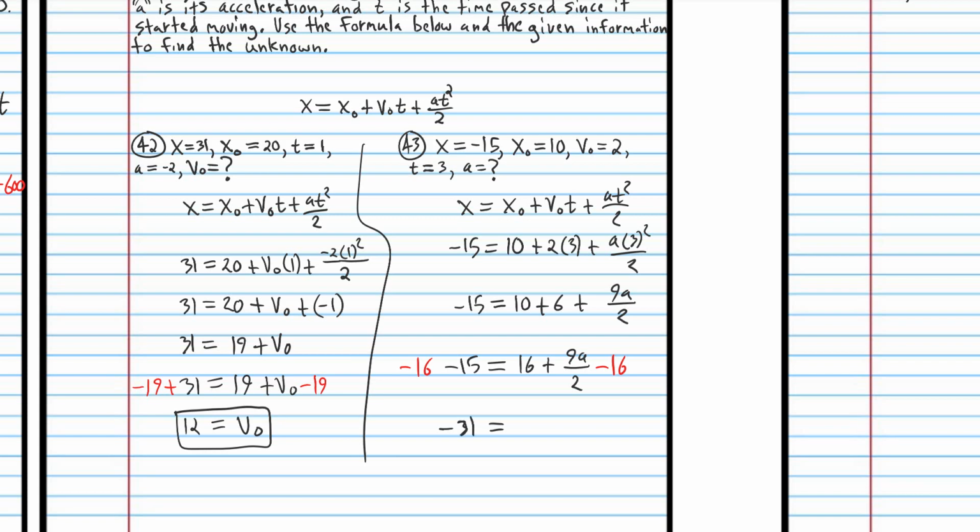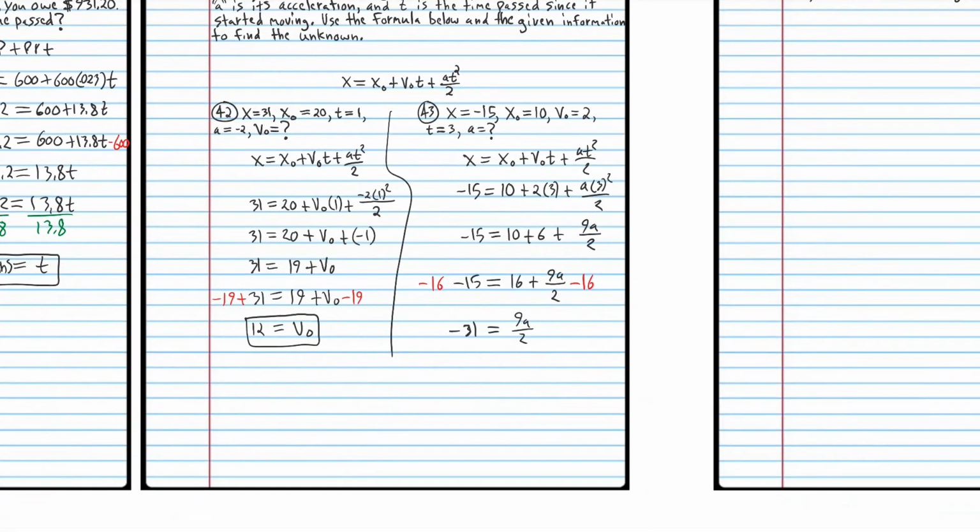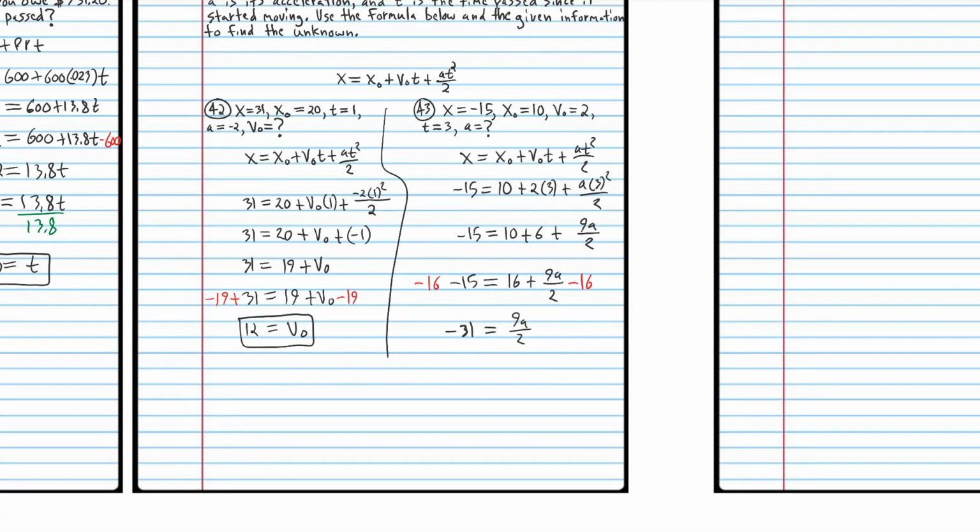And we have to perform another operation on both sides. So we rewrite, and we're going to get rid of that 2 by multiplying both sides by 2, and you have to put -31 in parentheses also so it doesn't look like subtraction. And you end up with 9a is equal to -62. Now we have to rewrite again.